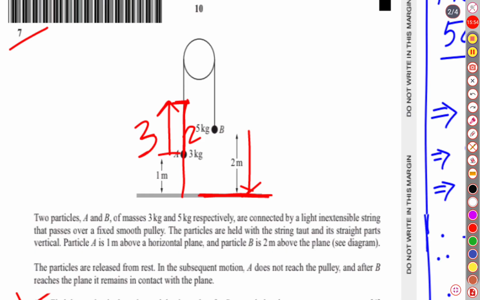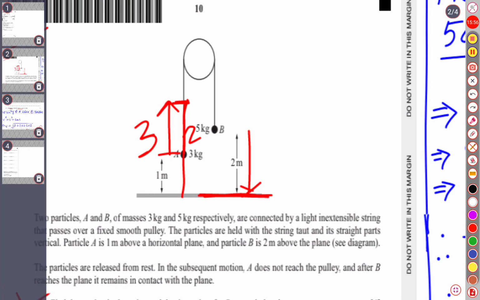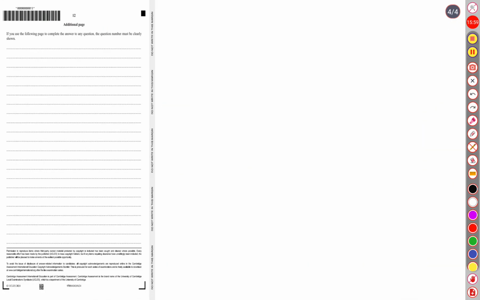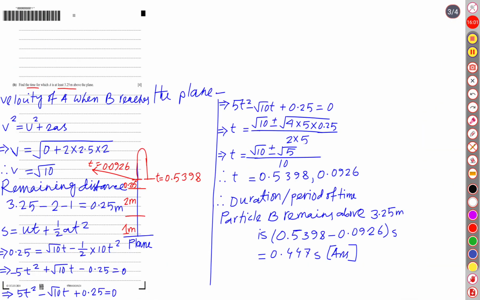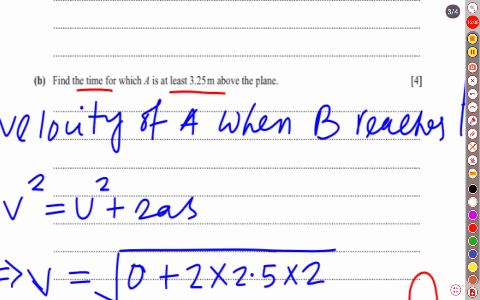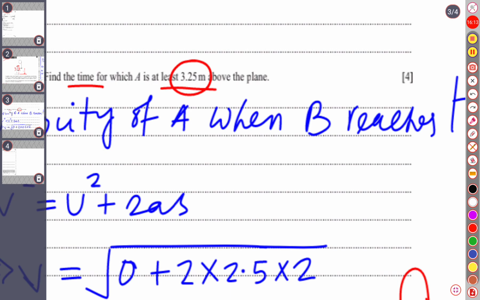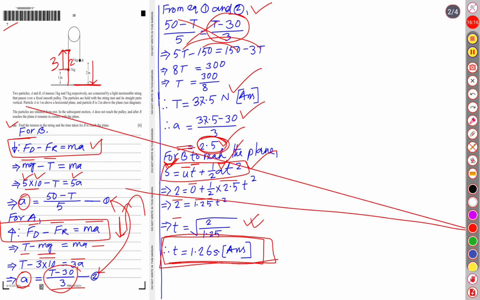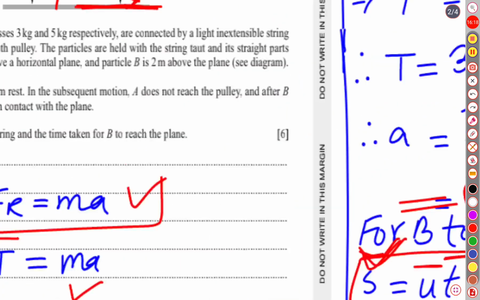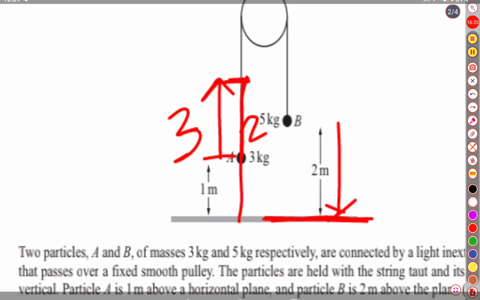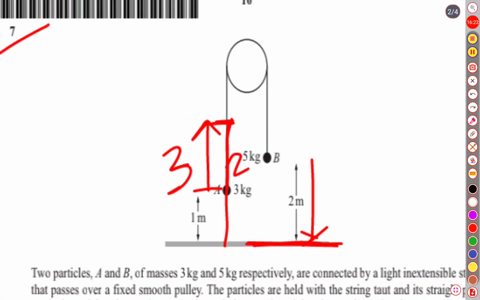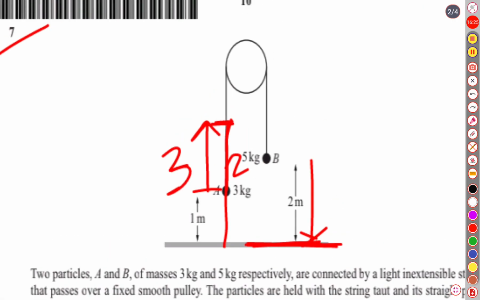But they told us to find the distance which should be at least 3.25 meters. Now we observe that whenever B reaches the plane, A will have covered a total of 3 meters.